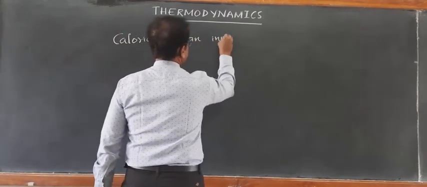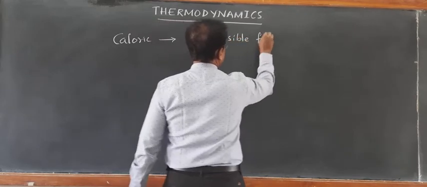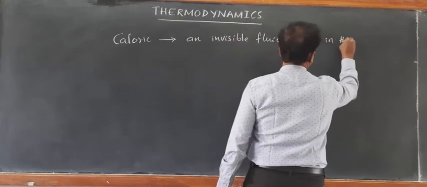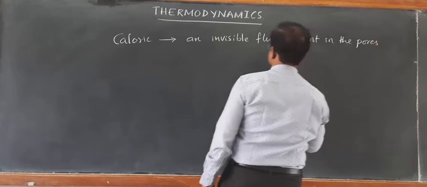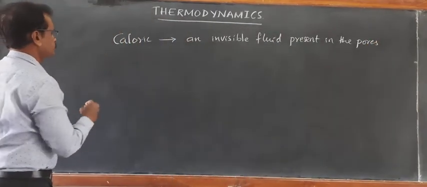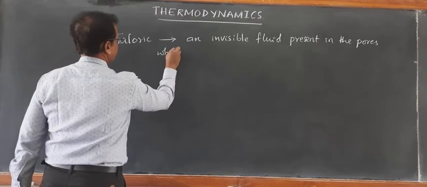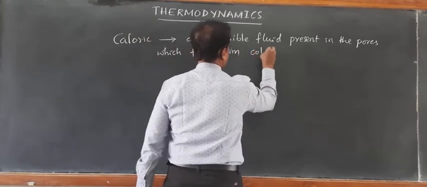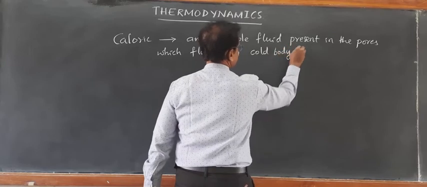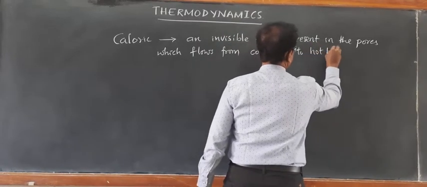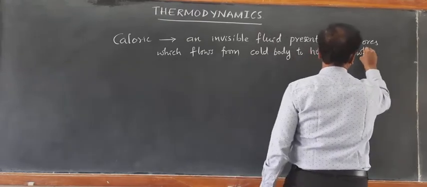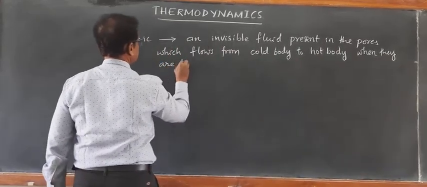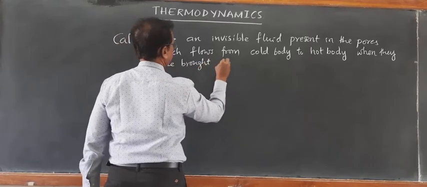It was called caloric, an invisible fluid present in the pores, which flows from cold body to hot body when they are brought in contact.